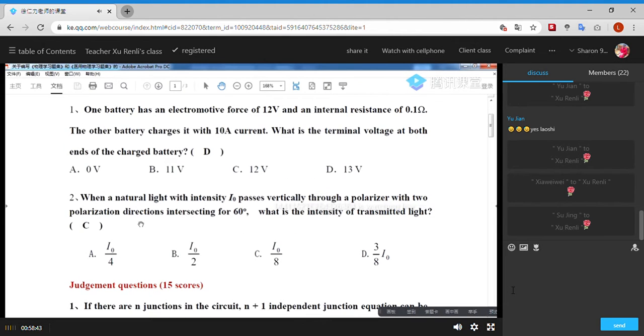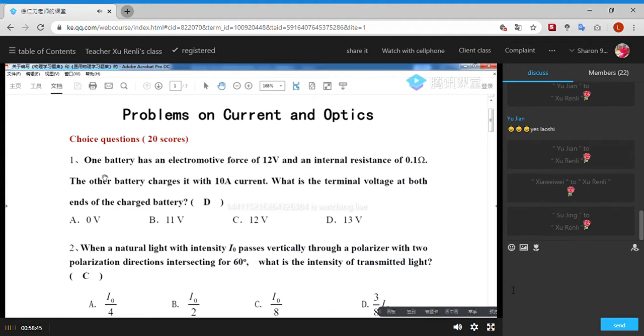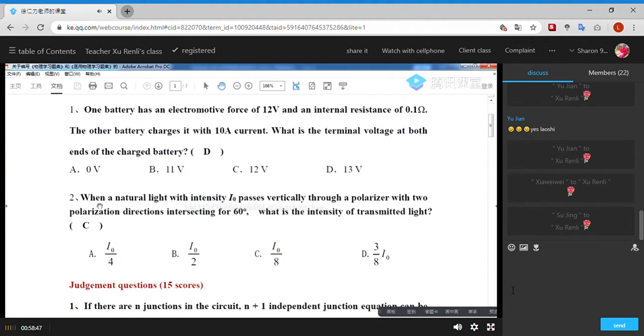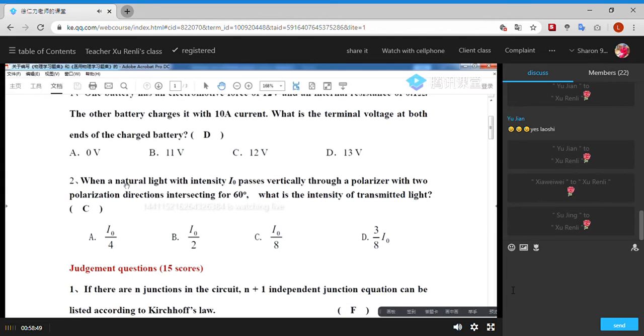Now let's see question 2. Question 2 is about Malus's law. When natural light with intensity I0 passes vertically through polarizers whose polarization directions intersect at 60 degrees, what's the intensity of the transmitted light?